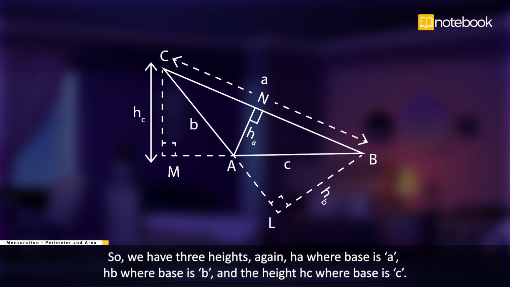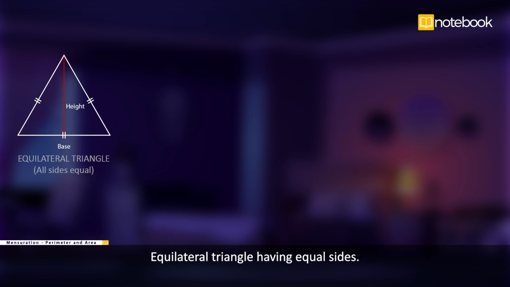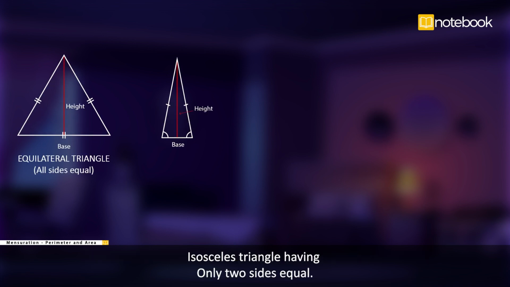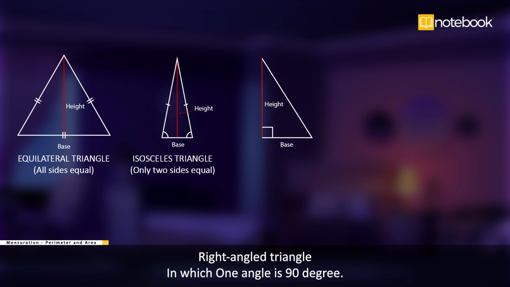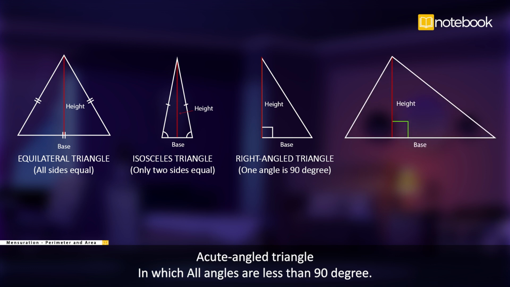So we have three heights again: HA, where base is A, HB, where base is B, and the height HC, where base is C. Note the height of different triangles as shown in the diagrams. Equilateral triangle having equal sides. Isosceles triangle having only two sides equal. Right angle triangle in which one angle is 90 degrees. Acute angle triangle in which all angles are less than 90 degrees.